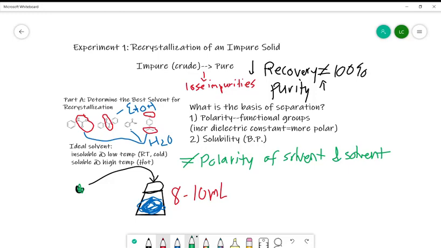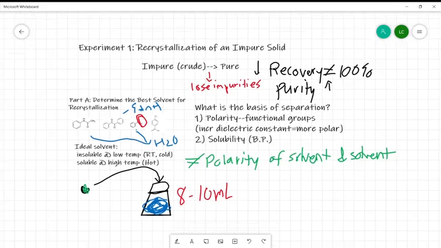Essentially, I just call it a one-up rule. You want to find the polarity of your analyte. I will just erase these. So essentially, let's say we use benzoic acid. You have a carboxylic acid here.